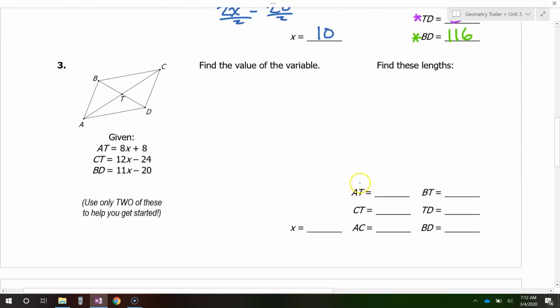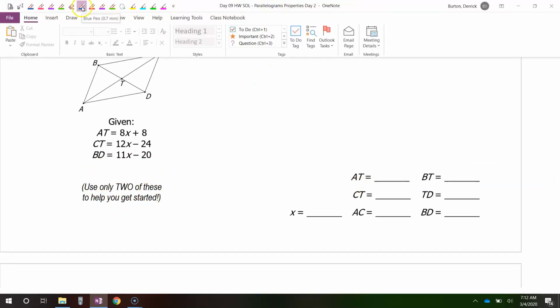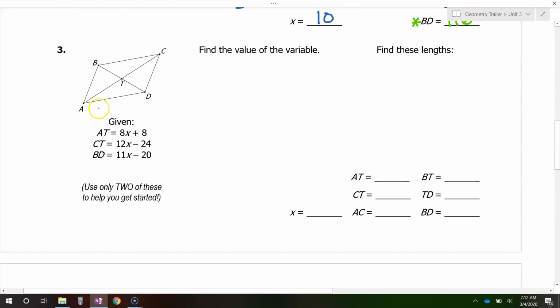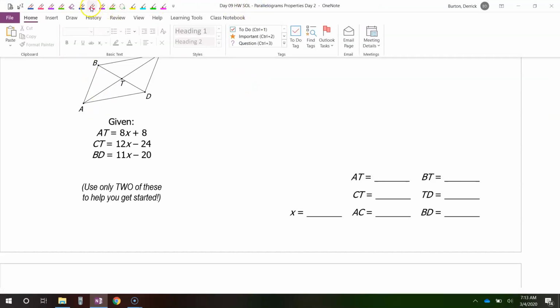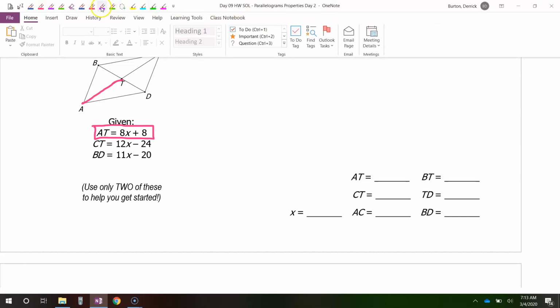All right, looking good. Use only 2 of these to help you get started. Okay, I hear you. Let's see, AT. AT is right here. Let's color coordinate as we go. CT is right here.